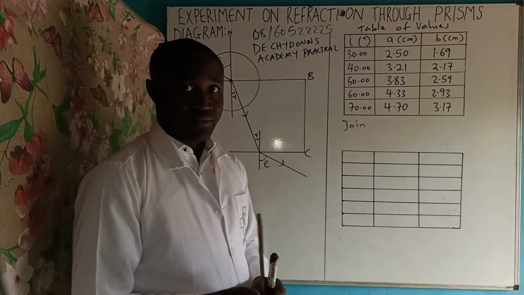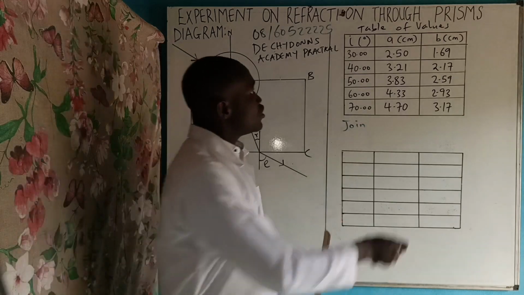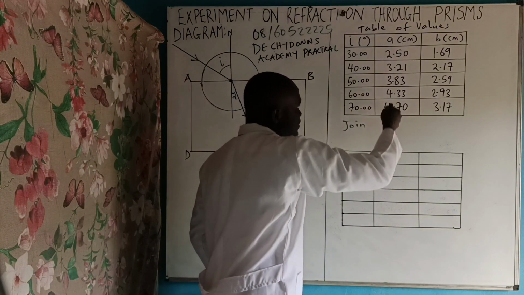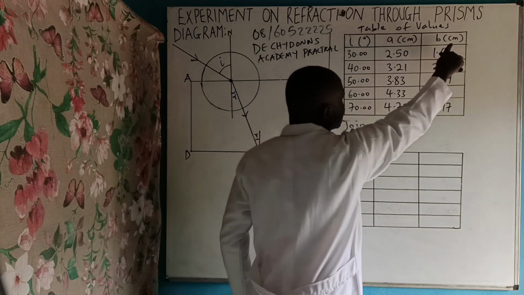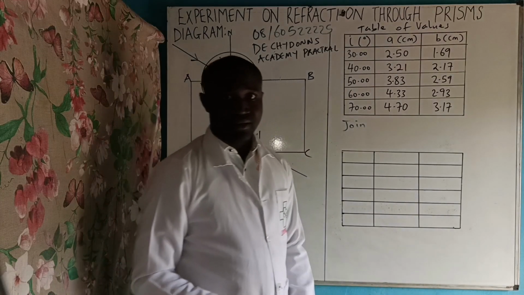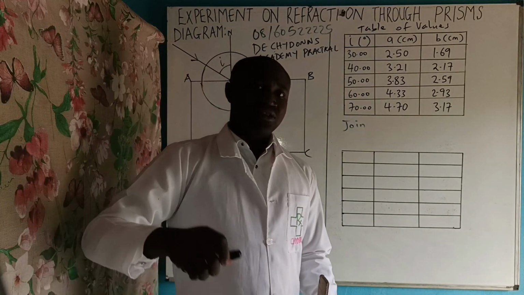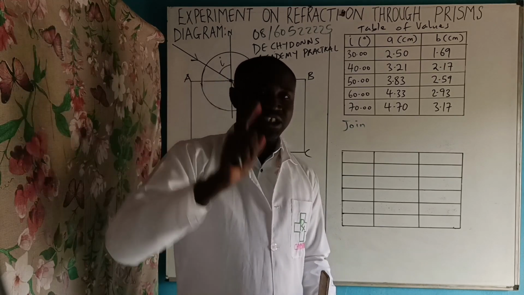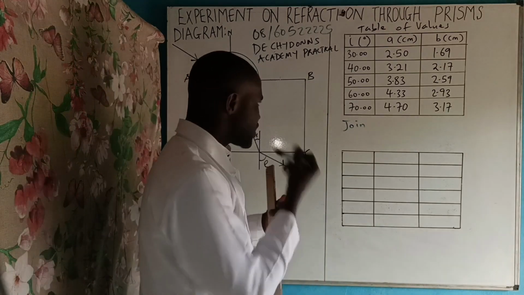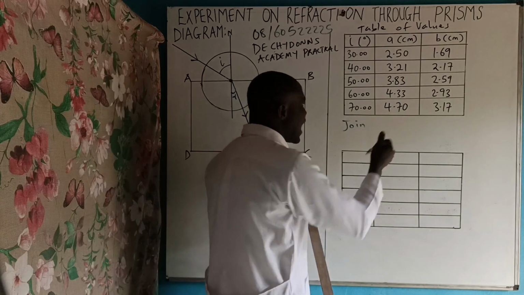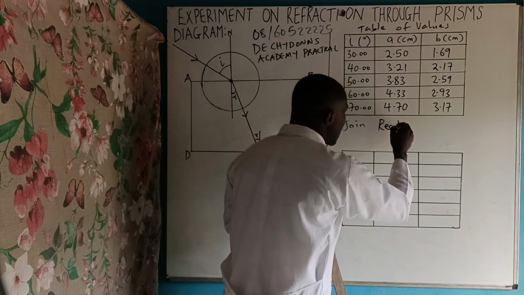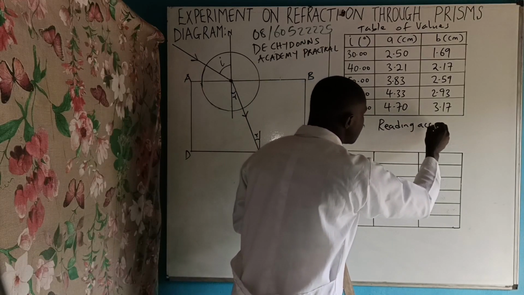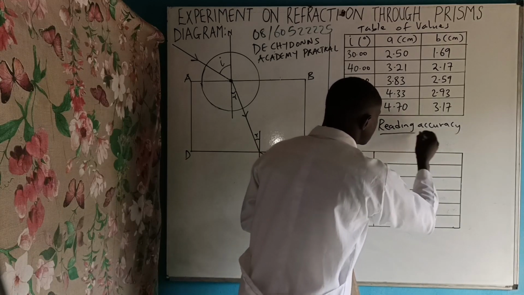Why? The reason is, look, this is talking about length, in centimeters. They will use the genius mentality I have put into them, which is that they should observe the reading accuracy of every measuring instrument.